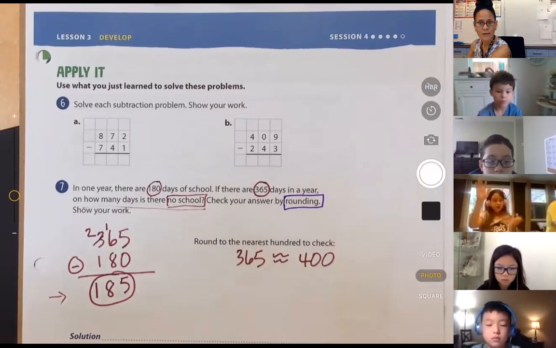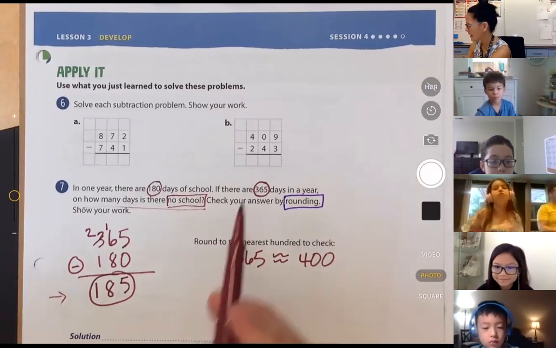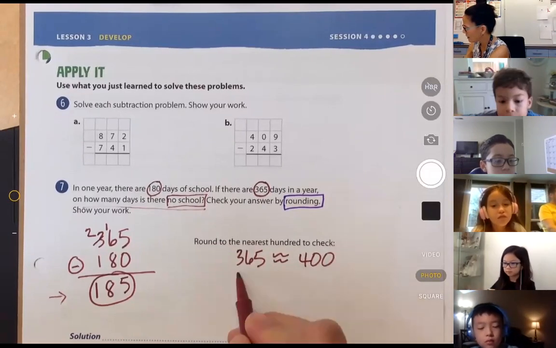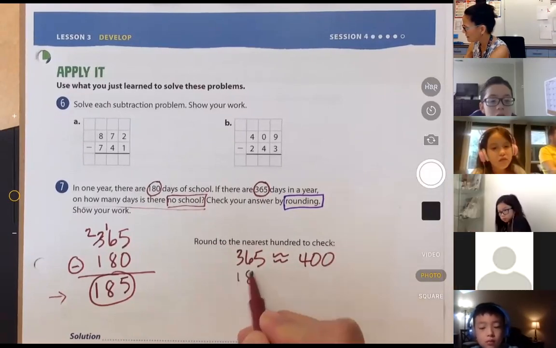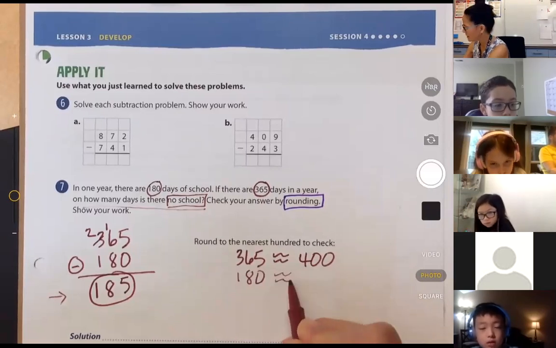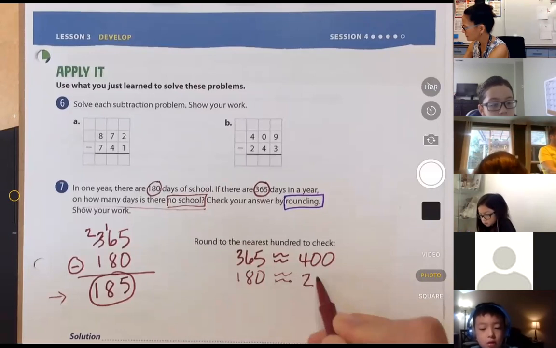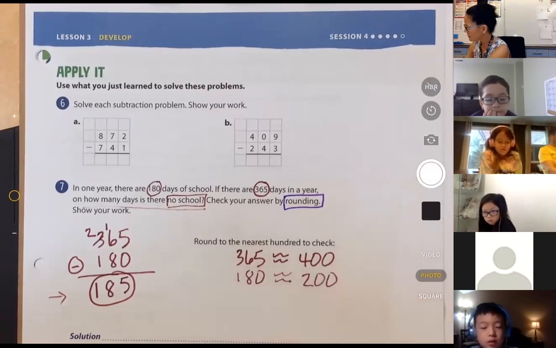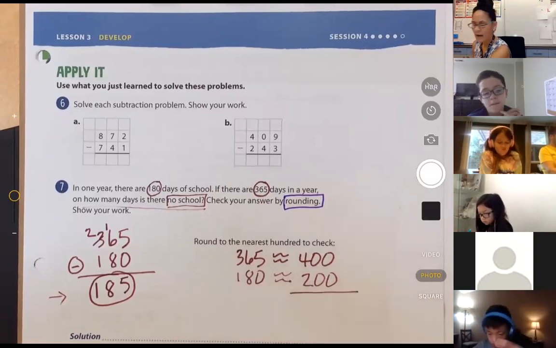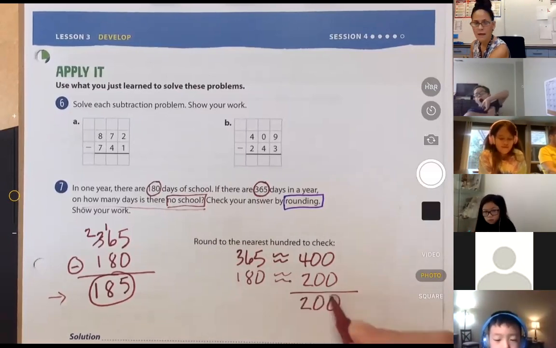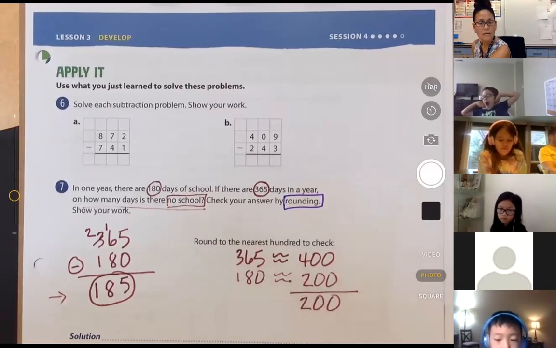The little squiggly lines mean it's about. And then we take the 180 school days and we round that to the nearest 100, and that's about 200. So if I do the simple subtraction from my rounding, I'm going to get about 200.